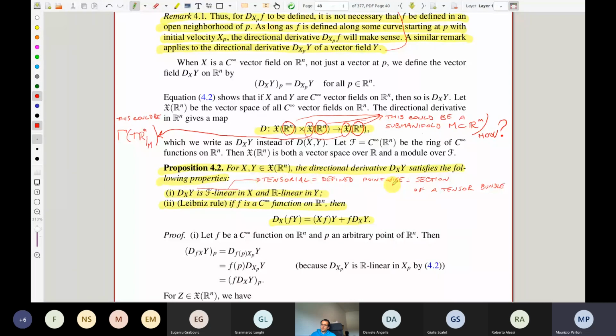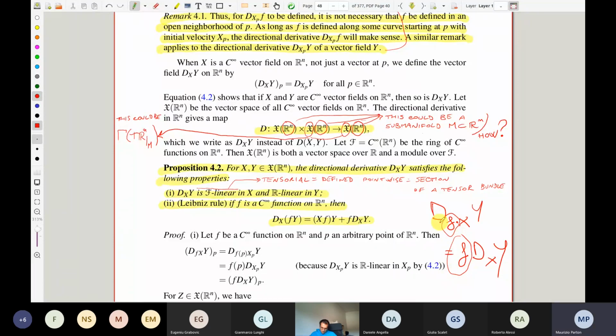For the moment, remember that a lot of theorems or propositions will state that a certain operator is f linear. F are the C infinity functions. It means that if you put a function in front of x, if you take the derivative of f times a tangent vector of y, this is just f times this. A very natural linearity, okay? But with respect to functions, not with respect to numbers.